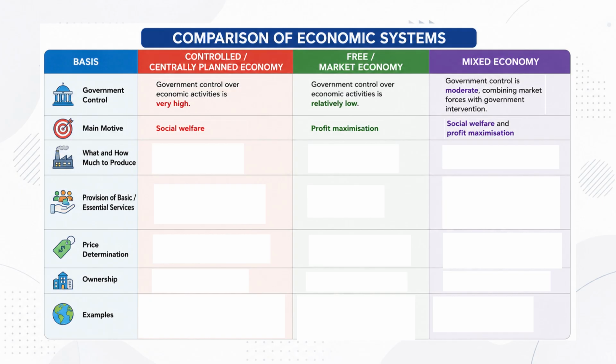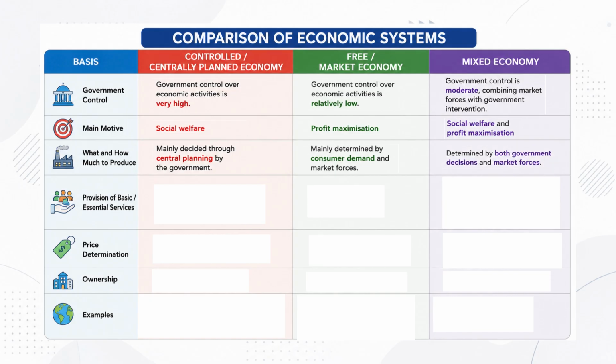In a controlled economy, what to produce and how much to produce are mainly decided through central planning by the government. In a free economy, production is mainly determined by consumer demand and market forces. In a mixed economy, production is determined by both government decisions and market forces.